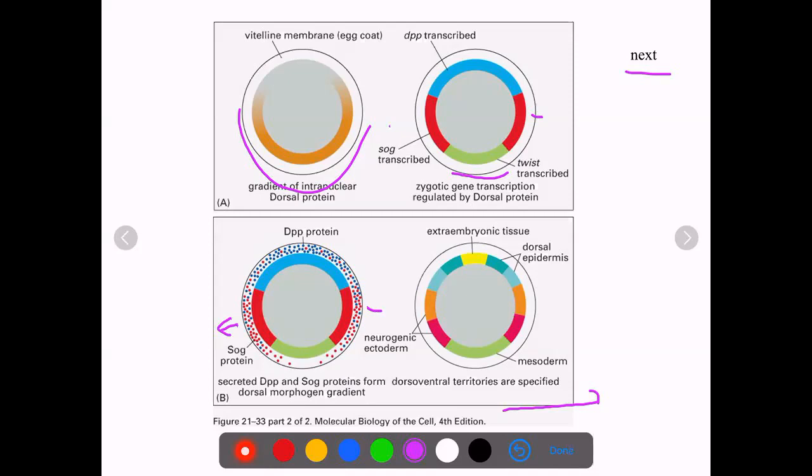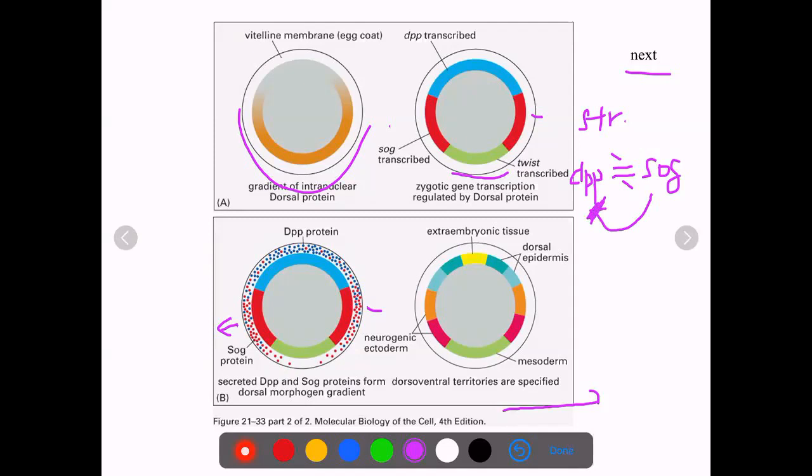One thing I want to mention is that DPP is almost similar to SOG in structure, so they are almost identical proteins. What SOG does is, 100% of its function is to block DPP.